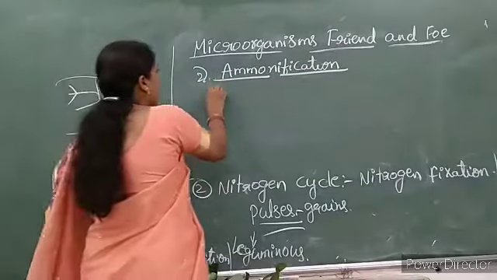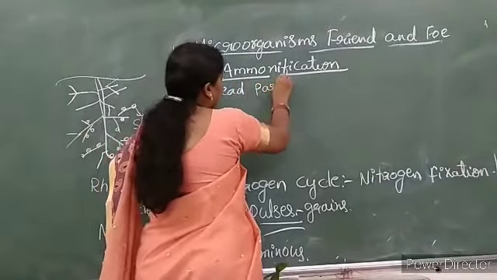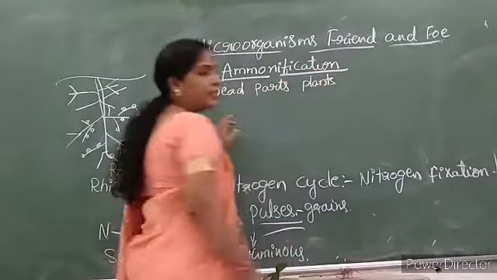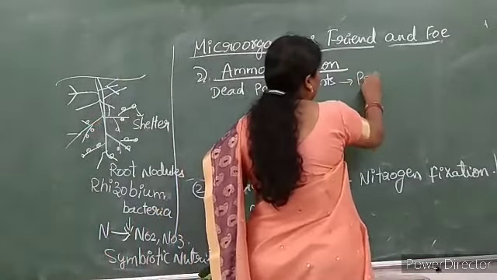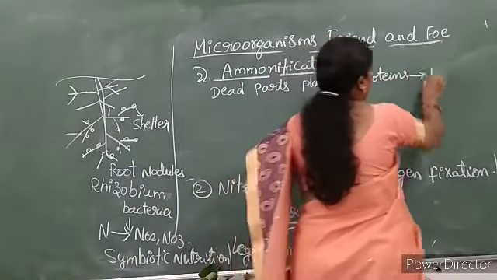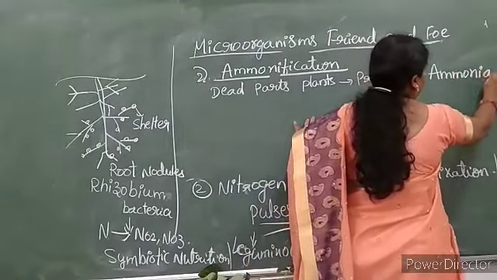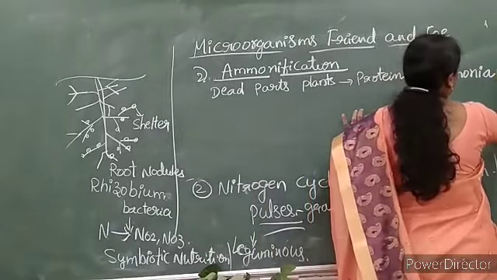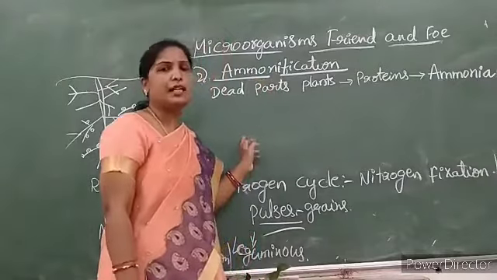So the dead and decayed parts of plants and animals, the proteins, are converted into ammonia. The formula of ammonia is NH3.